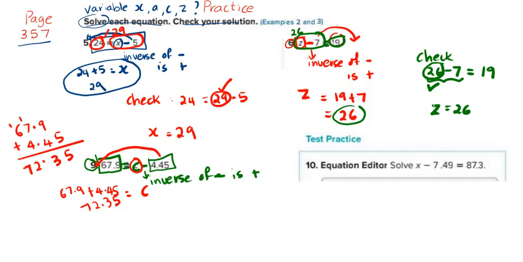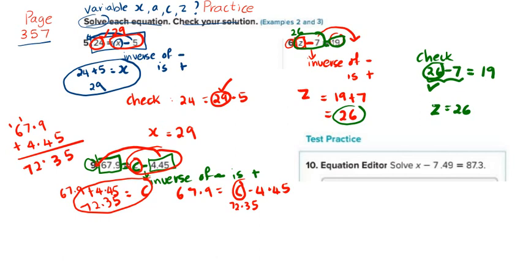And you can now test, does the C value work, by putting it back into the equation. So the equation said that 67.9 must equal the C value minus 4.45. And so in place of the C now, we're going to put in 72.35.